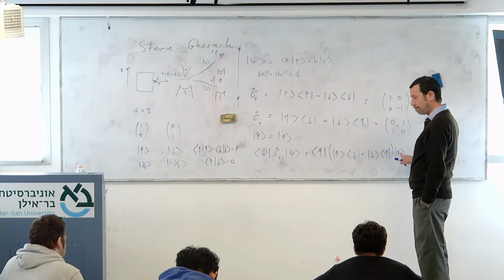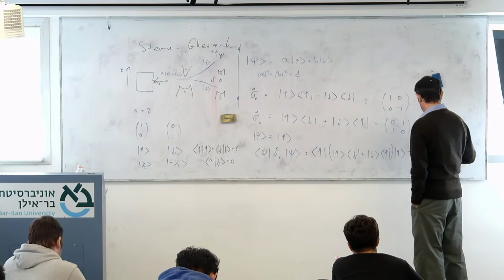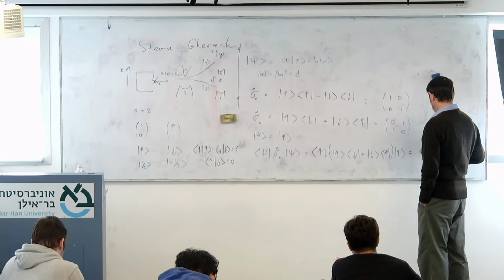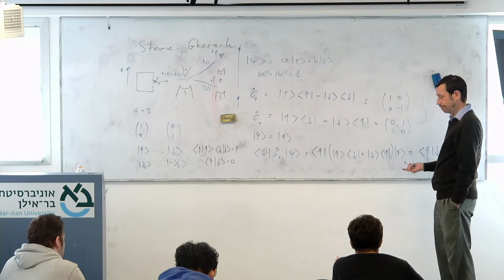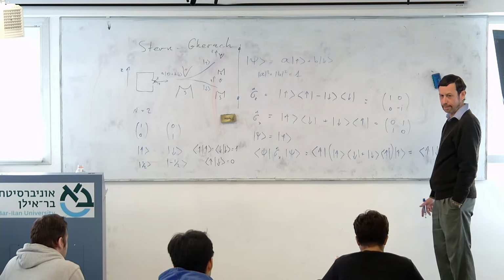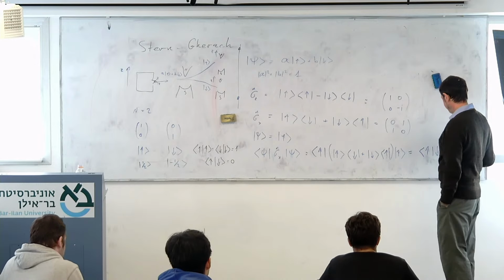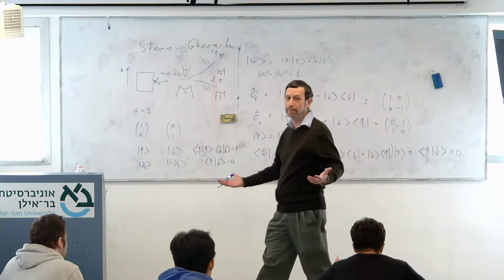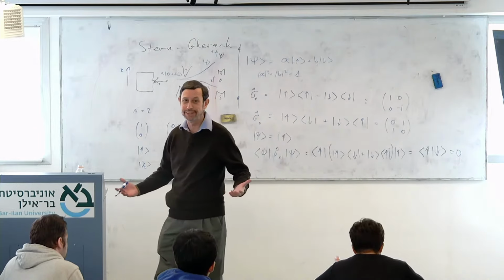Because it's up times up, it's equal 1. So I have here down, and then up, and up, that's 1. So this is 0. The average is 0 because I didn't perform any measurement in the x direction.